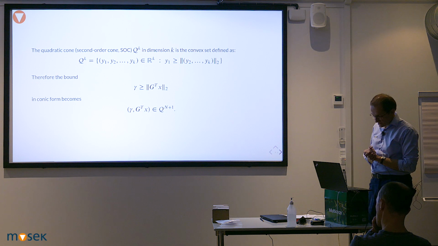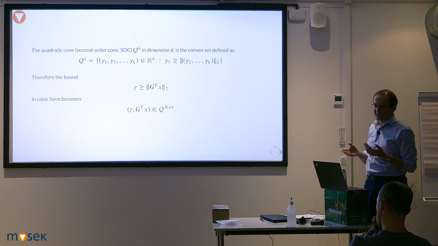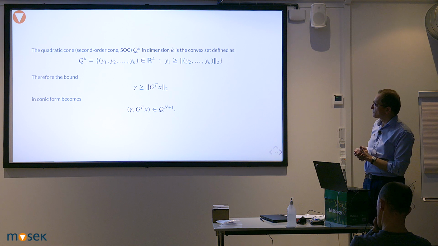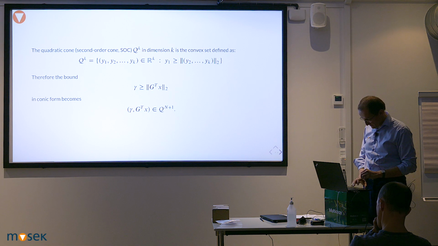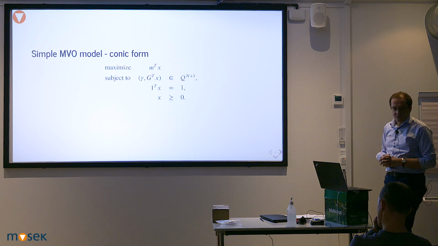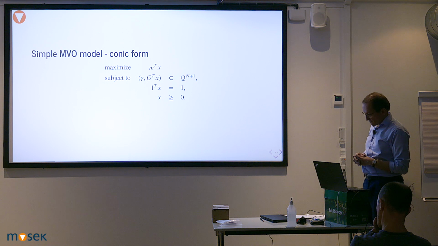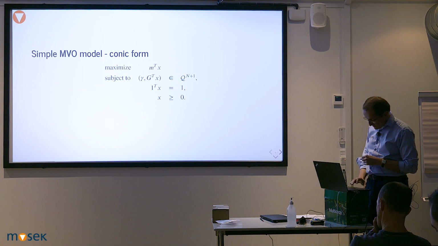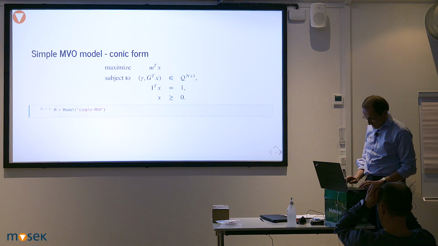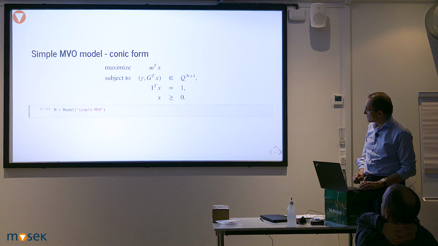Okay. By the way, if you have any questions at any point, just feel free to interrupt and ask if it's too fast or too slow or anything. Yeah, so that is the conic form that Gabor also mentioned, where I replaced the quadratic constraint with a conic constraint, and now I can go ahead and construct the model.